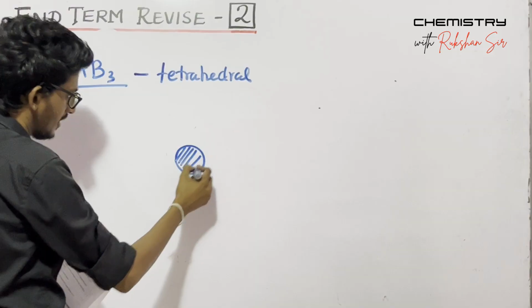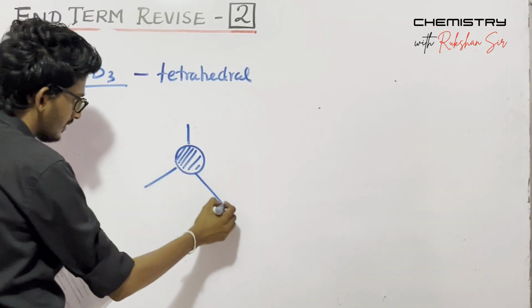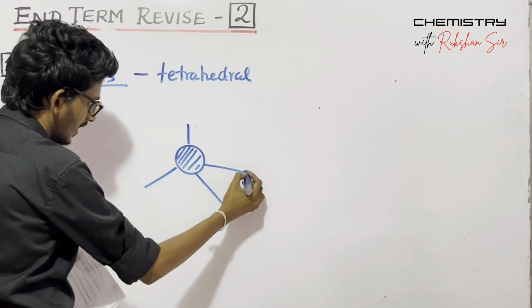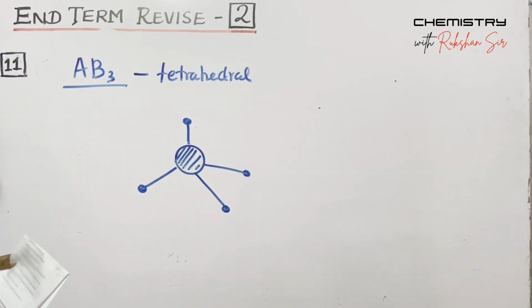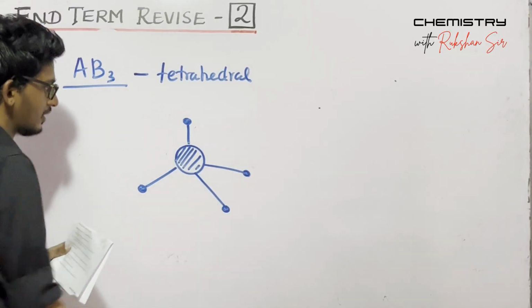For a shape to be tetrahedral, at least there should be four connected atoms.